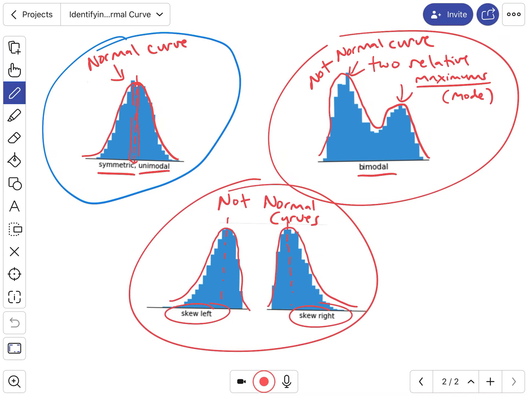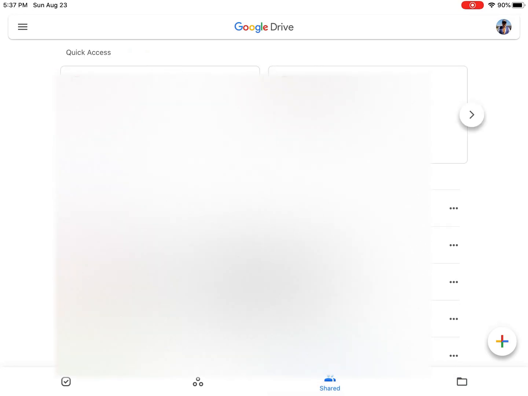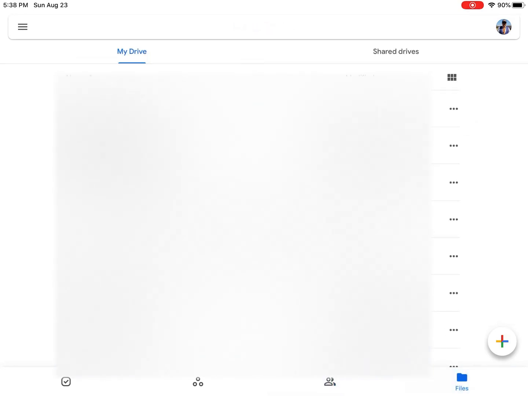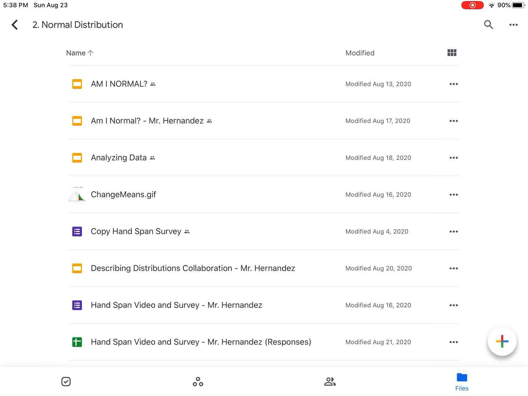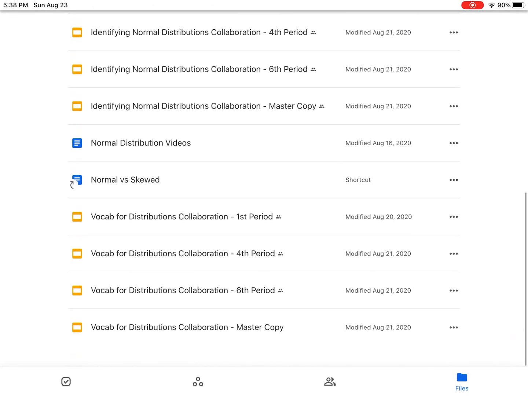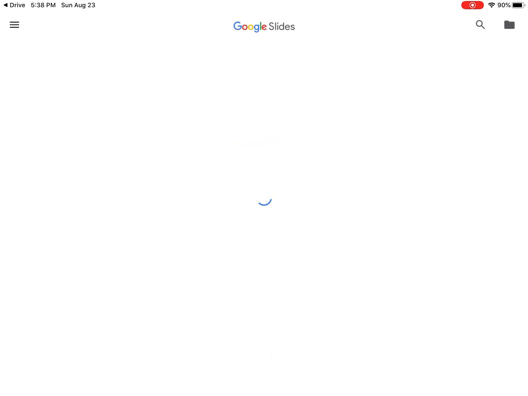Now if I go into this assignment, I'm going to go over what a normal curve is here.